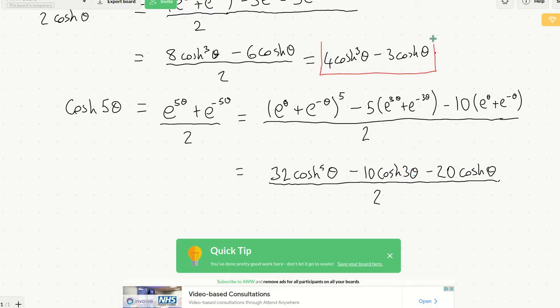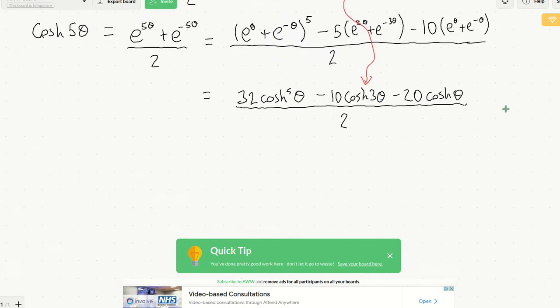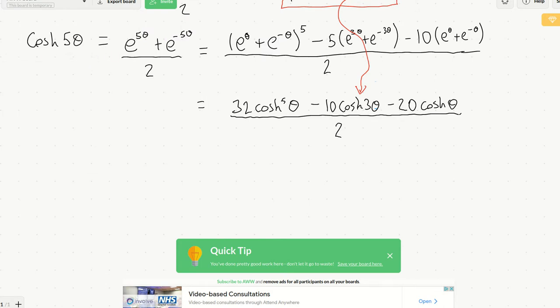Now you can see it's only cosh 3 theta, which is a problem, but I can use this result in there, because that equals cosh 3 theta. So let's use it. What are we going to get? Same first term, so let's just write it down again.